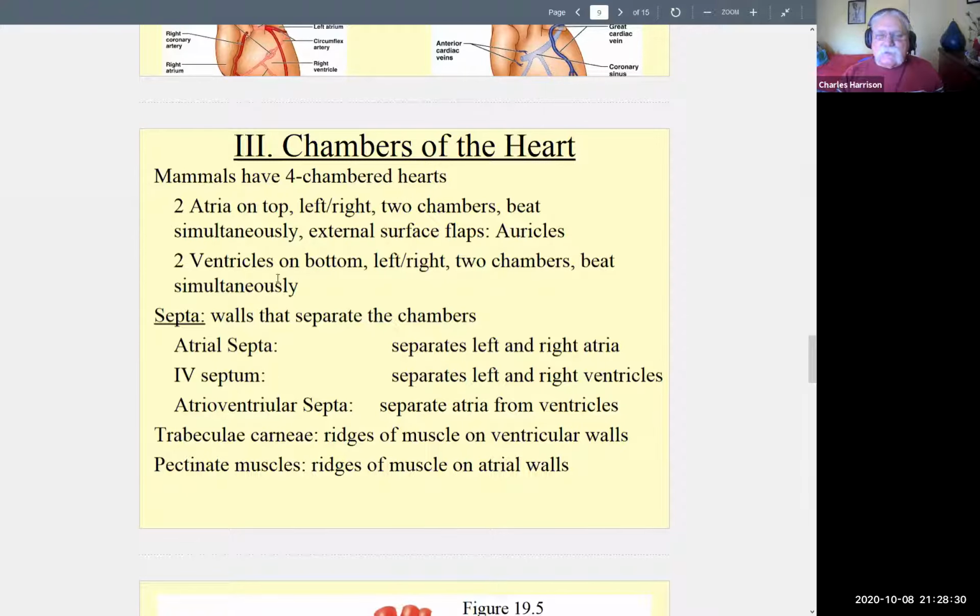Okay, the chambers of the heart also include 2 ventricles below, left and right, 2 chambers. They beat simultaneously. Well, what's all this bit about beating simultaneously? The 2 atria up above, if you had your hands on 2 balloons and you could squeeze them at the same rate, same pace, that would force the air or the water that you might have in those balloons downward.